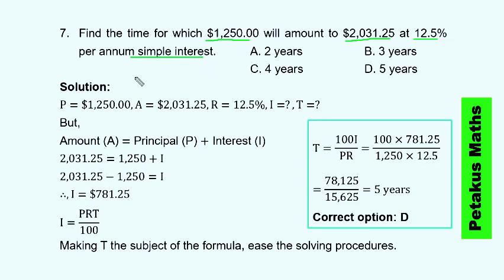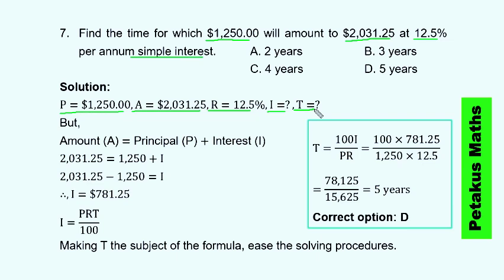Solution. From the question, you have the principal. This is the amount. You have the rate. Interest is unknown. Then we are to find time.